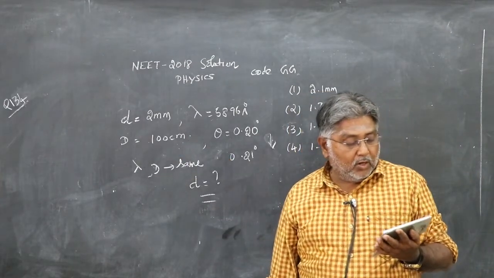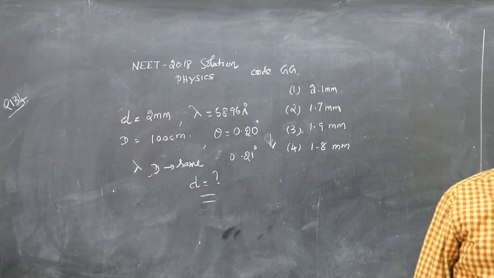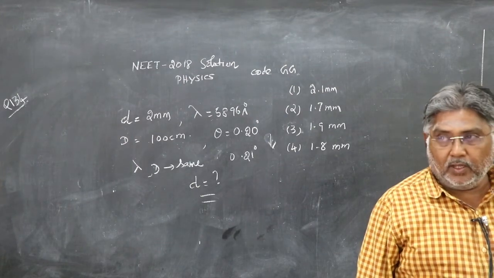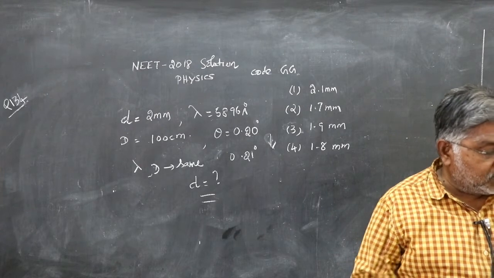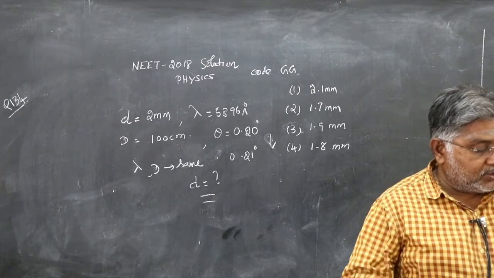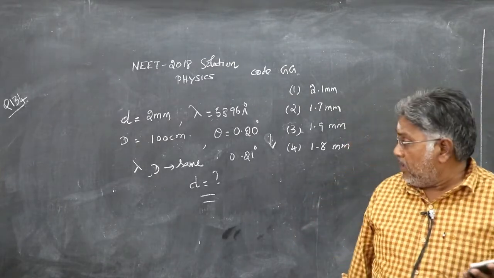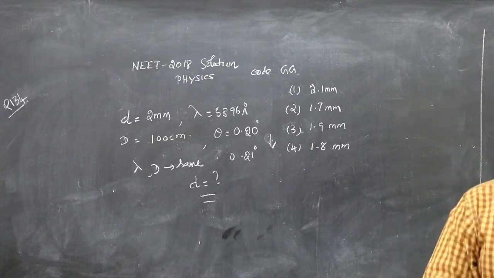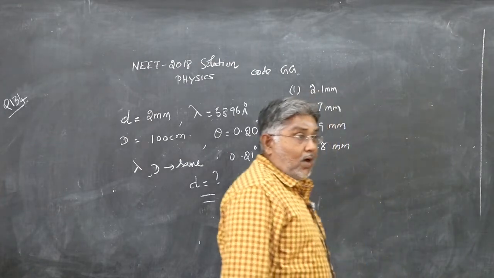It is found that the angular width of the fringes is 0.20 degrees. To increase the fringe angular width to 0.21 degrees with the same lambda and capital D, the separation between the slits needs to be changed to, there are 4 options: 2.1 millimeter, 1.7 millimeter, 1.9 millimeter, 1.8 millimeter.